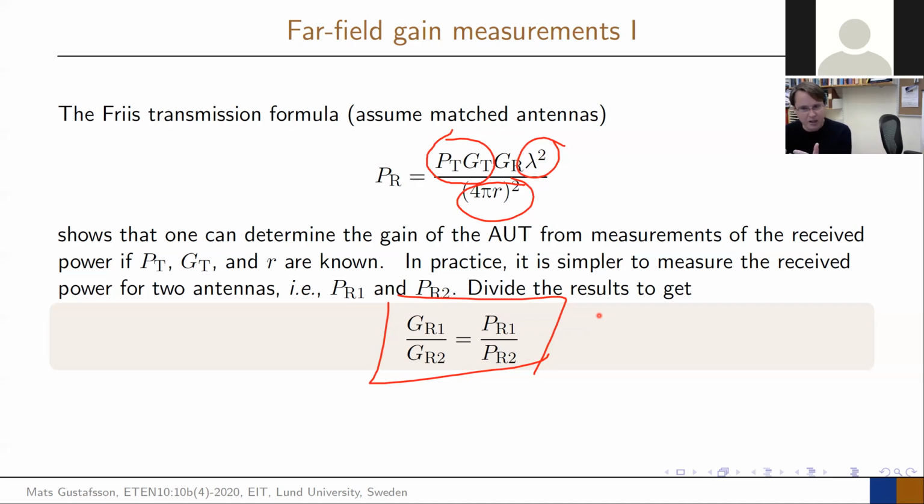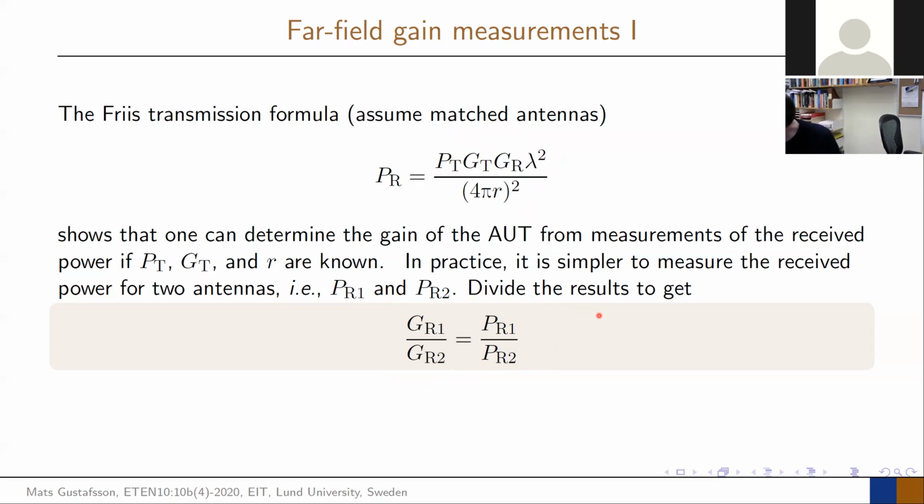This is the way that you will measure it, and this is the typical way of measuring these types of antennas. You always relate your measurement to another antenna, and that antenna is assumed to be known. That is your reference. So you compare with a different antenna by just taking the quotient between the powers that you receive.